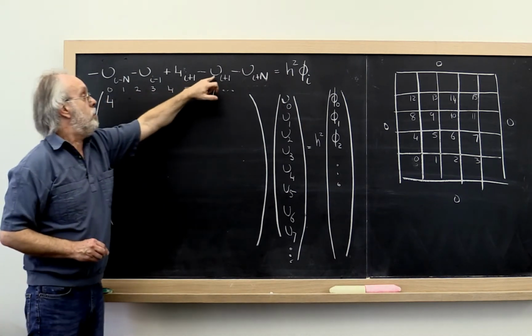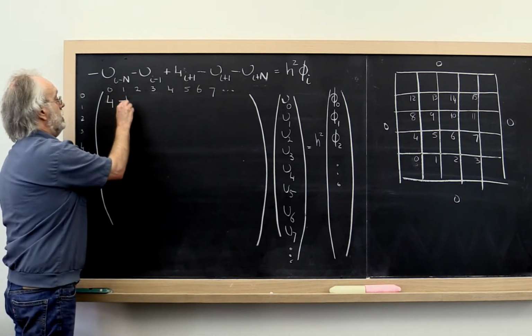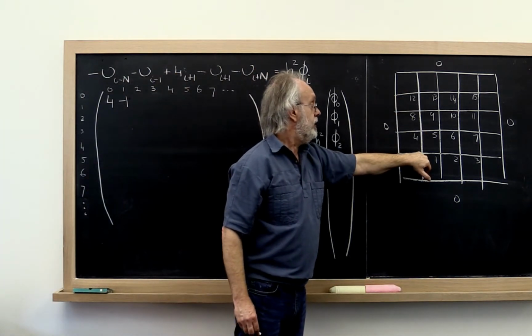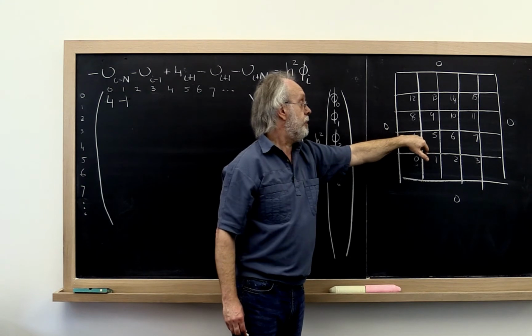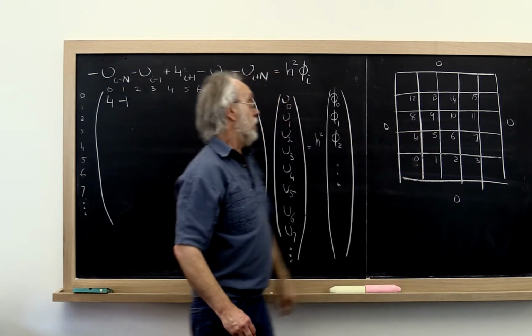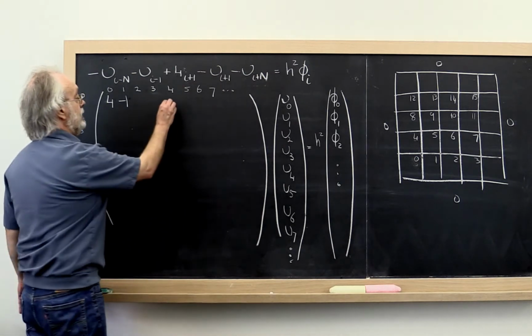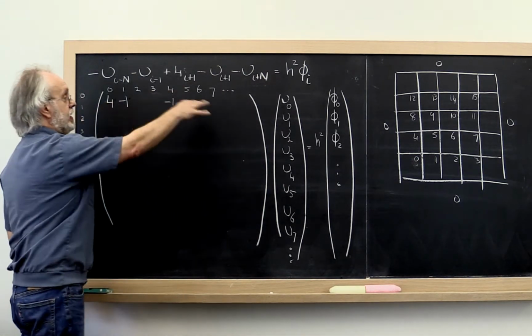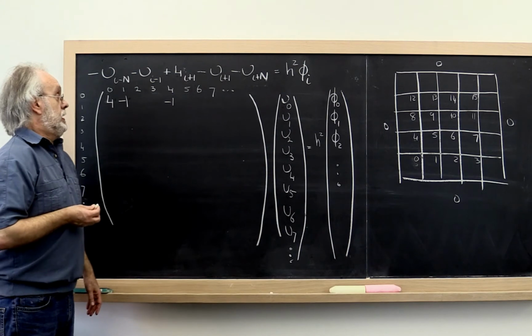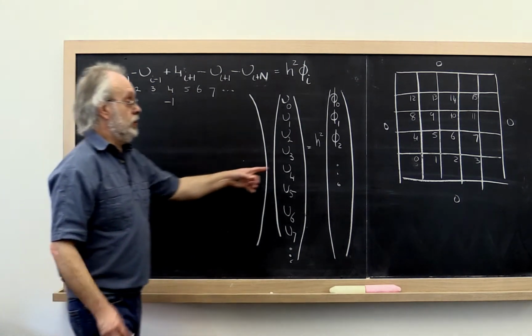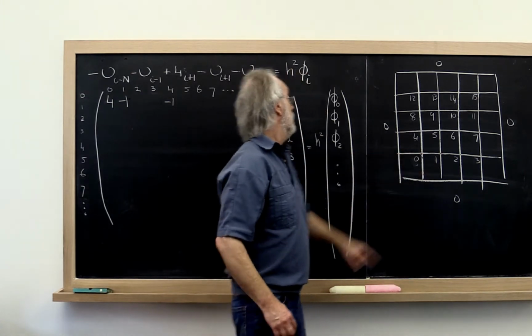Then we end up with a -1 right here. And if we only have 4 mesh points in each direction, then the next non-zero comes from the fourth unknown, the fourth position. And that is a -1 as well. And anything that I don't put in here is a 0.